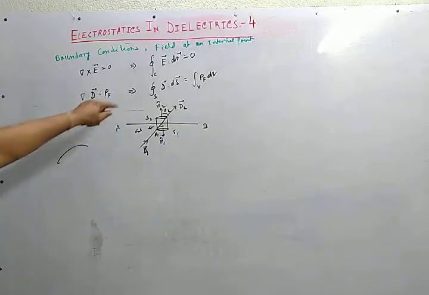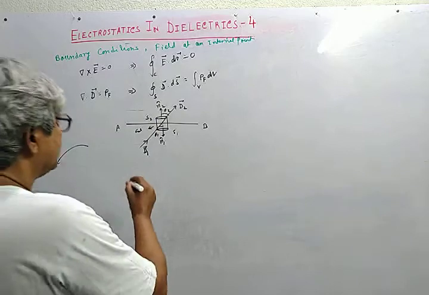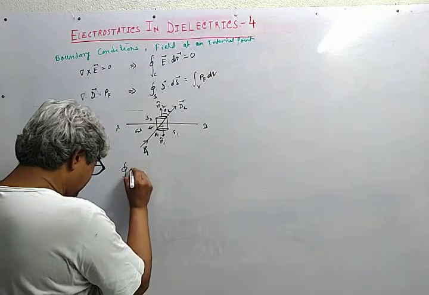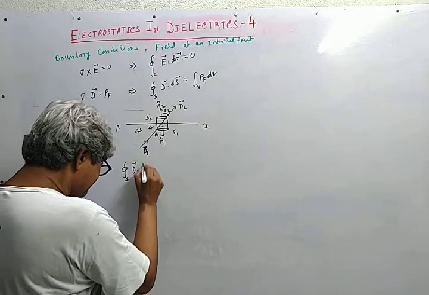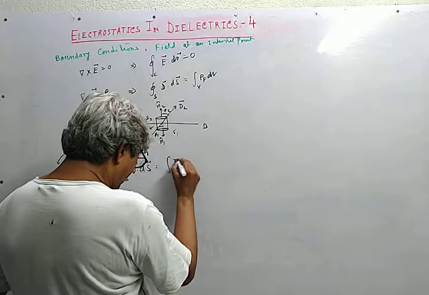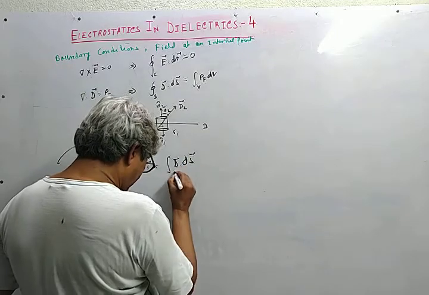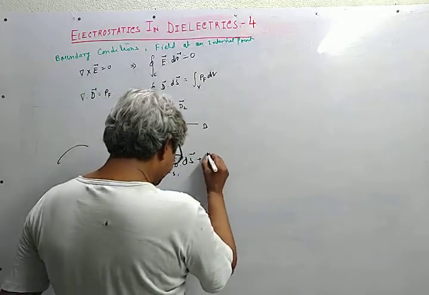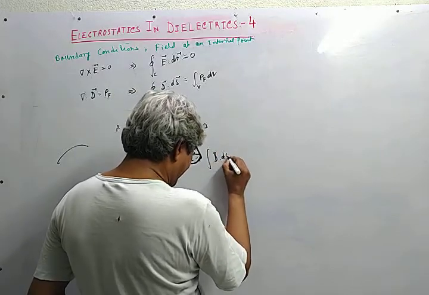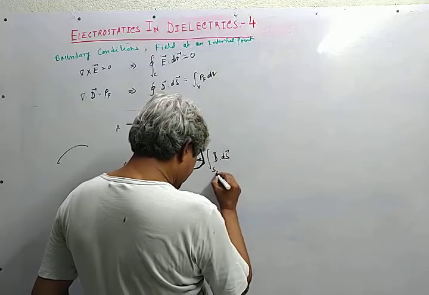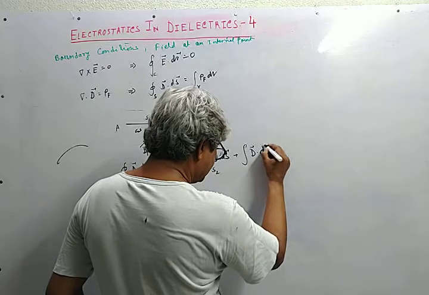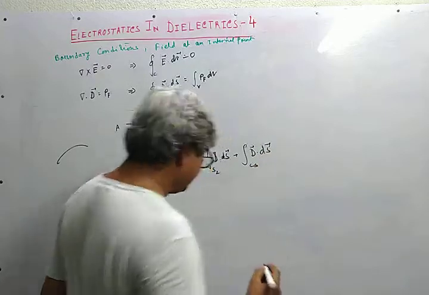If we apply this, the left hand side, the closed integral over S of D dot dS, now reads as the integral of D dot dS over S1 plus D dot dS over surface S2 plus D dot dS over the curved surface.